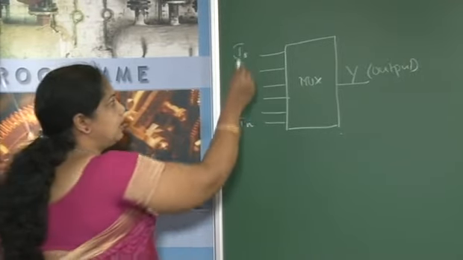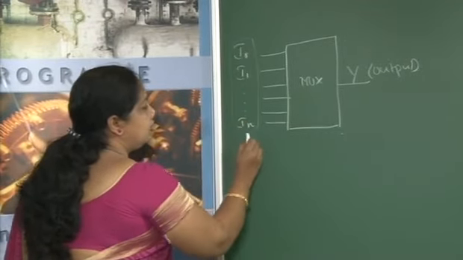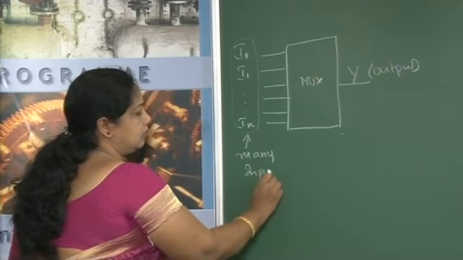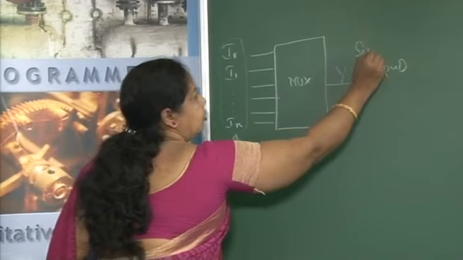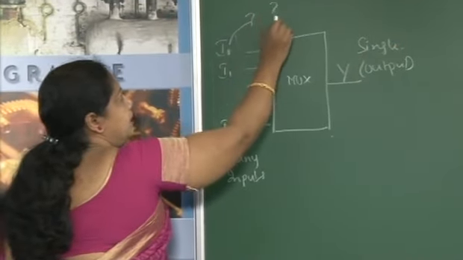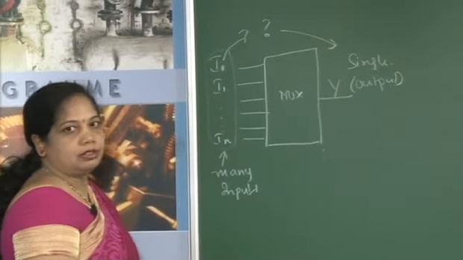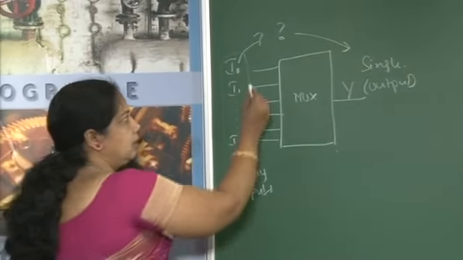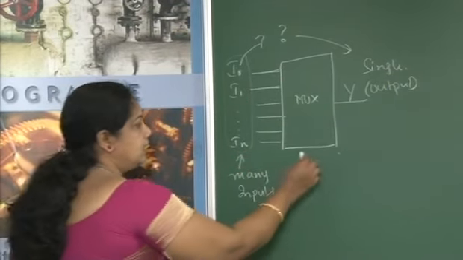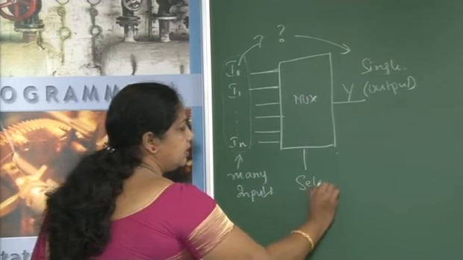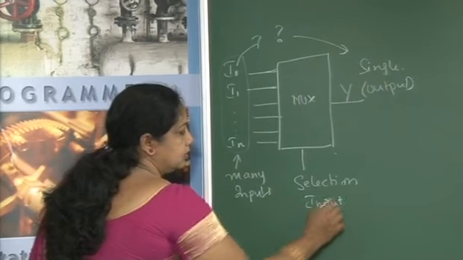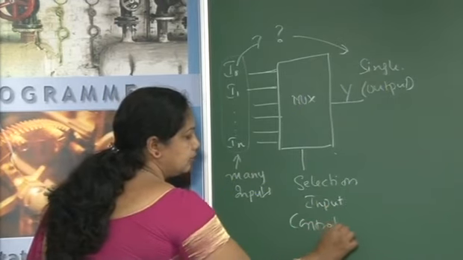My question is: these are many inputs and a single output, so out of these, which one will be selected at the output side? Let us decide which one has to be selected. This is based on selection inputs, which are also called control signals.